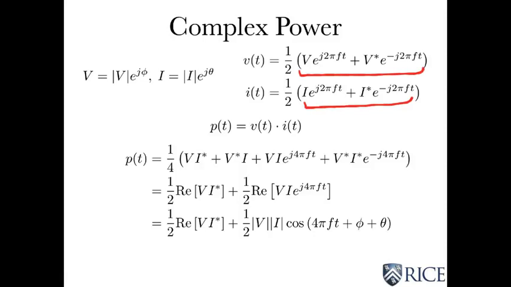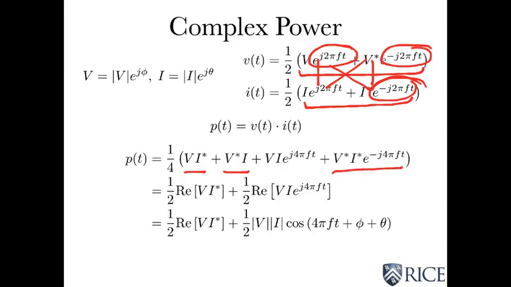So when you multiply the two together, you get all four possible cross products. This times this, this times that, and that times that. If you multiply them out, you'll notice that for some terms the complex exponential part cancels, and for other terms the complex exponential adds. And when everything is said and done, this is the expression that you get.